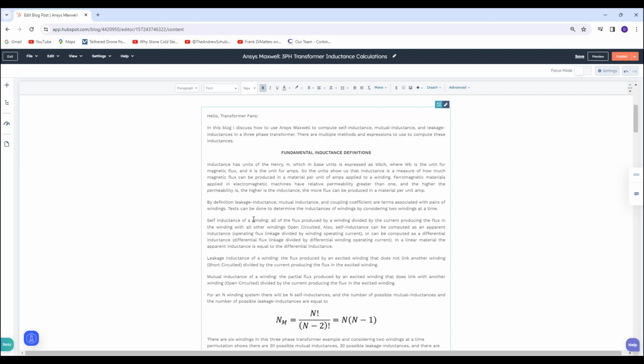And there are various inductance types. Self-inductance represents how much flux is produced in a winding divided by the operating current flowing through that winding.